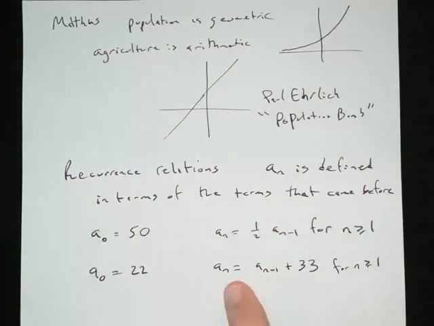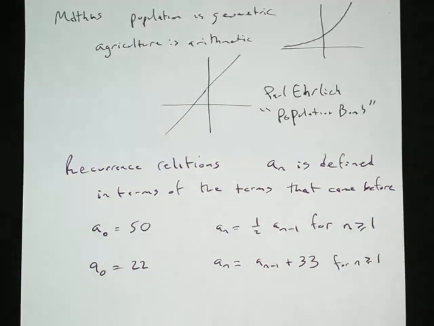So A1 is 33 more than A0. A2 is 33 more than A1. And this allows you to write this, hey, go back and look at what just came and do something to that number. There is no required limit to how far back I look.